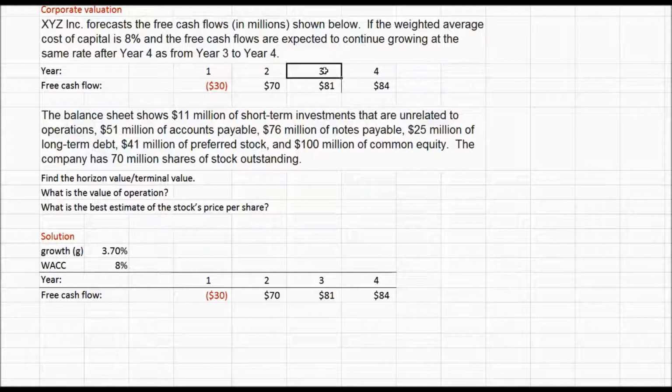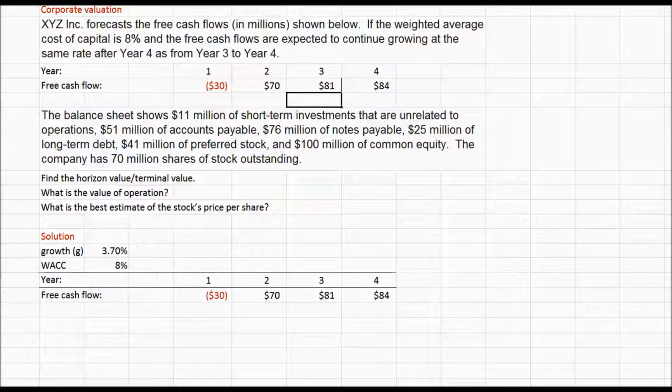So at time 3, the value of all future cash flows, meaning time 4, time 5, time 6, up to time n, where n could be 100 years. How much all those future cash flows are worth at time 3 is the terminal value of all future cash flows. We call that value the horizon value.